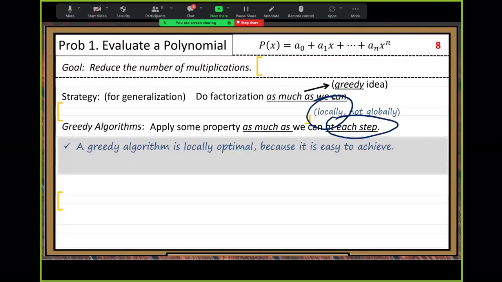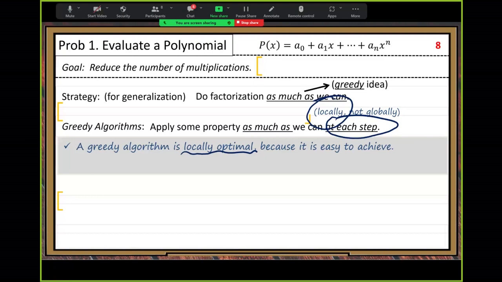Then the conclusion of applying the greedy algorithms: a greedy algorithm is locally optimal. When you look at one particular step, your strategy is optimal because you do the best you can. But that optimality is local optimality, not global optimality.